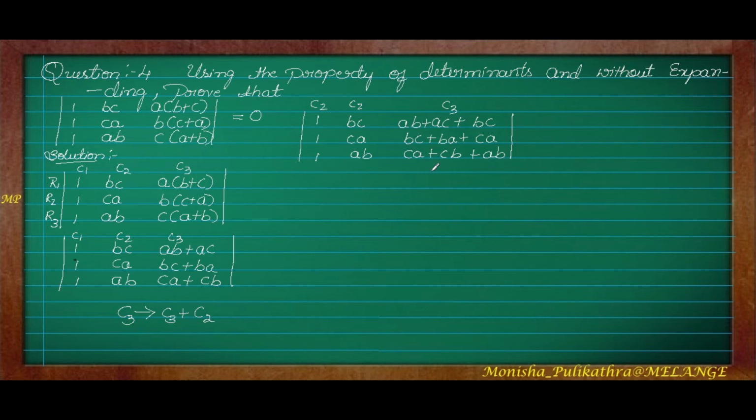In determinant properties, there is one property which says that if two columns are proportional, not identical, proportional, meaning each and every element in the column is same. Here we have 1, 1, 1 in the C1 column and AB plus BC plus AC in the C3 column.